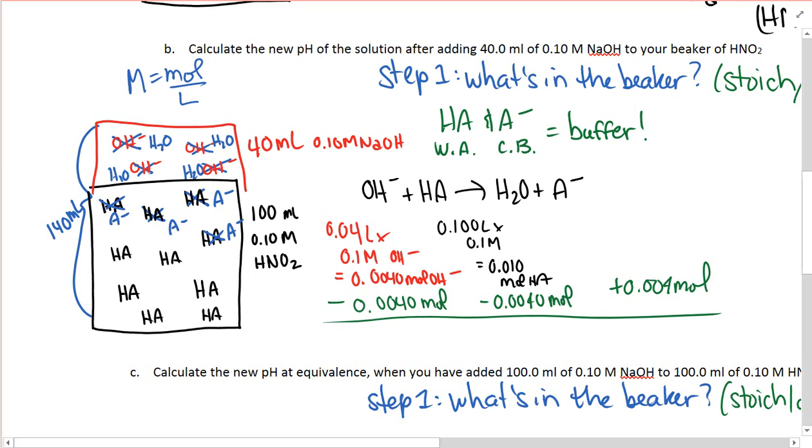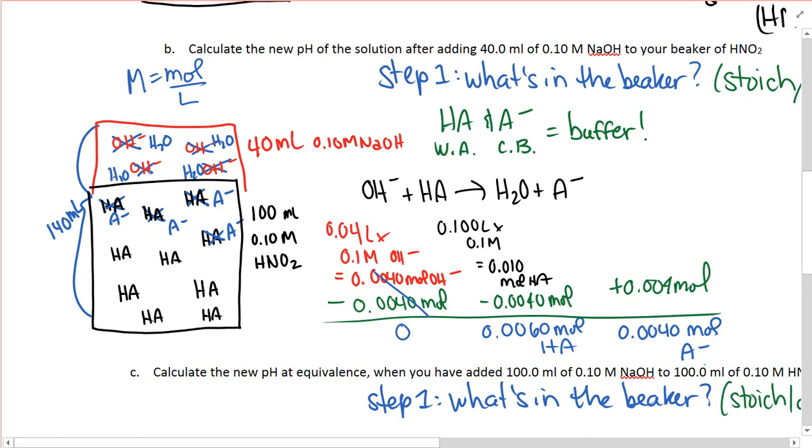Well, my OHs all get used up, so I've got no OHs floating around in my solution. I still have 0.0060 moles of HA, so notice how I have 6 HA molecules still in here, and I've now generated 0.004 moles of A minus. I also made some waters, but I'm going to ignore that because there's lots of waters around, and that doesn't really make a big difference.